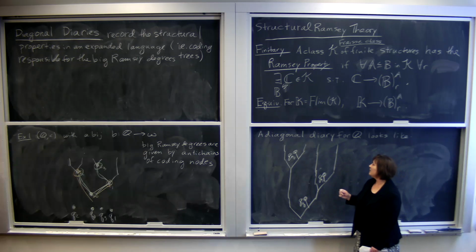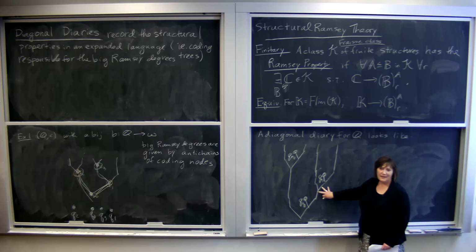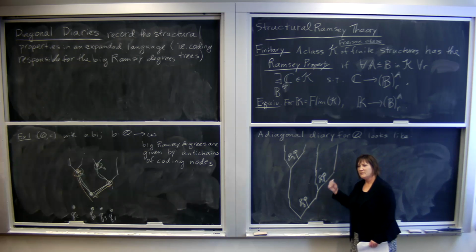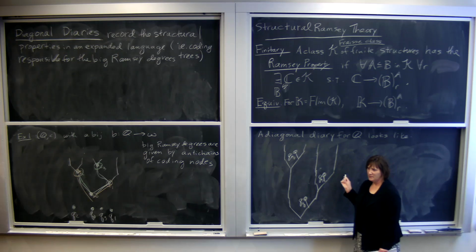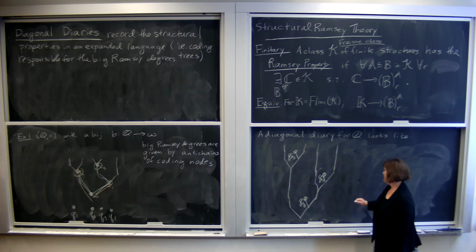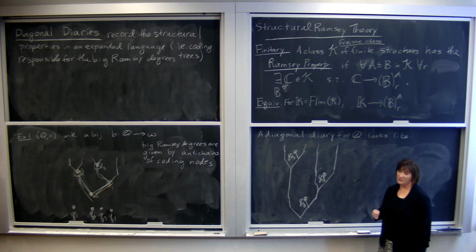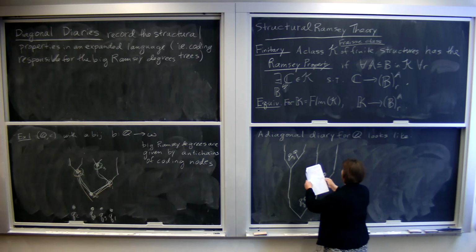And what we do for the infinite dimensional Ramsey theorem for the rationals is fix any diagonal diary. I don't care what it looks like at the beginning, but just fix one. Take the set of all of your embeddings of that into itself. That is a subspace of the Baire space. This is where it's possible to get infinite dimensional Ramsey theory. And if you don't restrict that much, you are sunk. You cannot get infinite dimensional Ramsey theory.